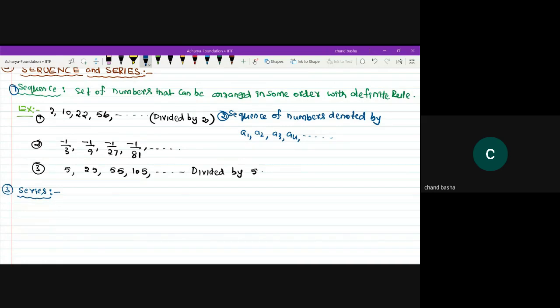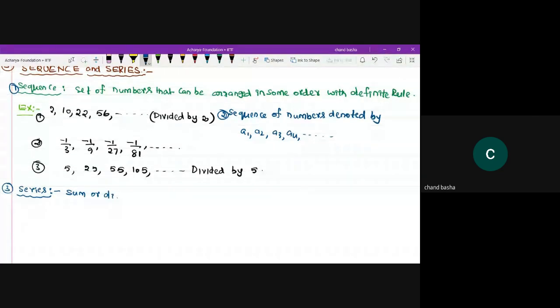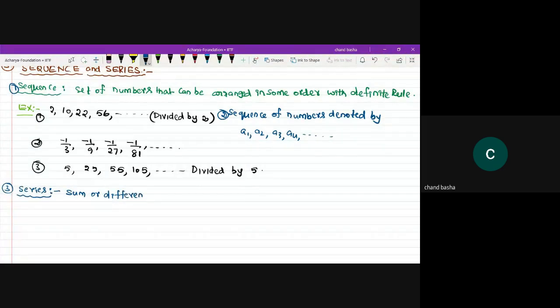So here what we can write, the series means the sum or difference of sequence is called series.